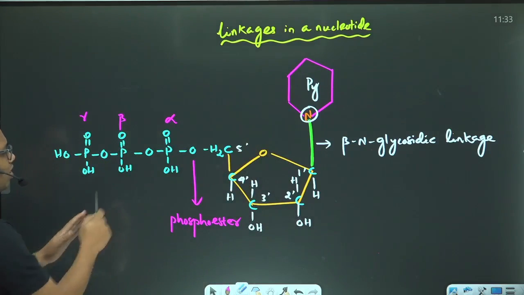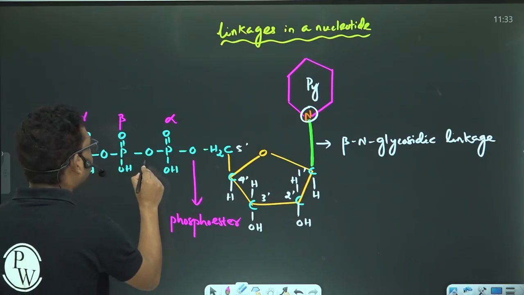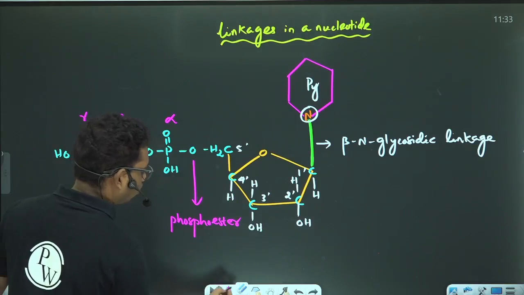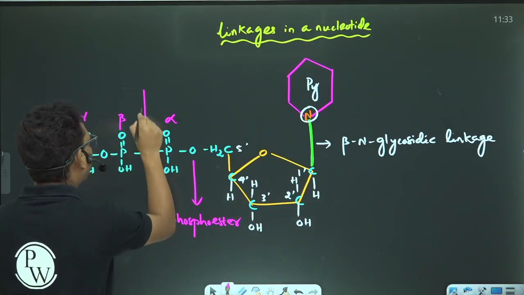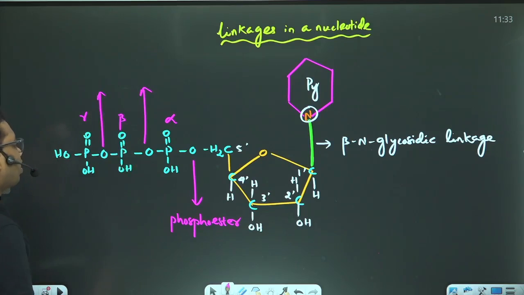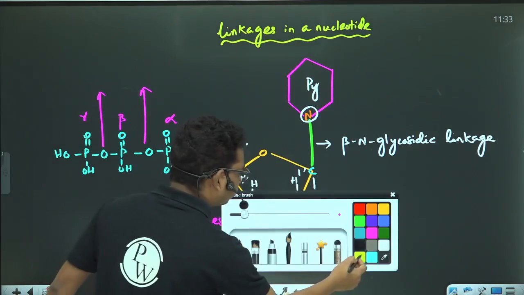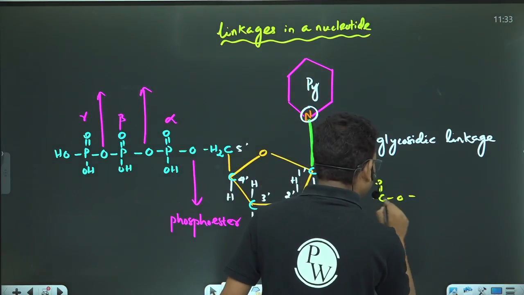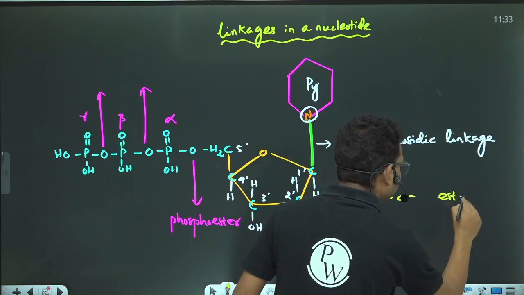And what about these linkages, this one and this one? These two linkages are basically phosphoanhydride linkages. Why? Because see, I'm writing C double bond O, oxygen. This is the ester linkage.